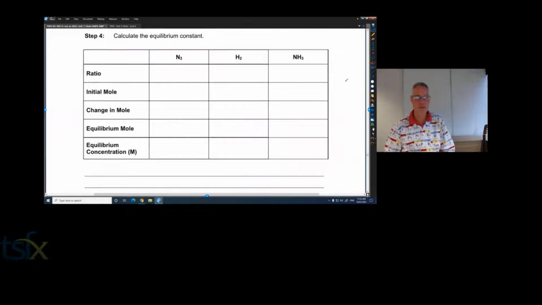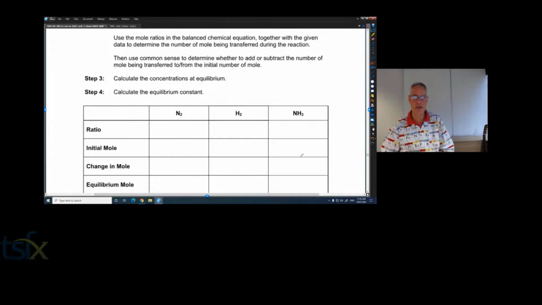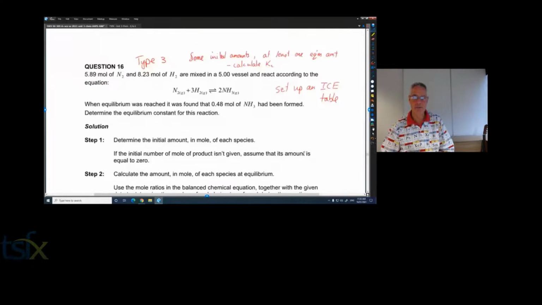So I'm going to say, and you might want to put in all these things, I will start mole initially. That is my I. I'm going to have a delta N, change in mole. That's my C. I'm going to have a mole at equilibrium. That's my E in the ice.